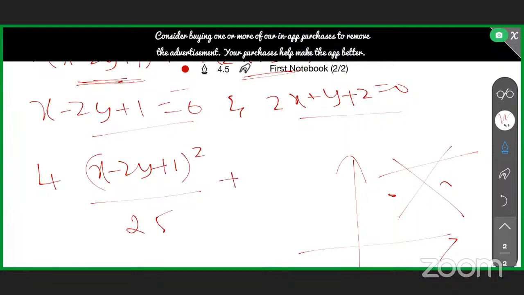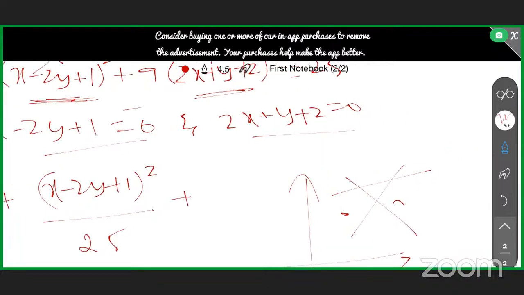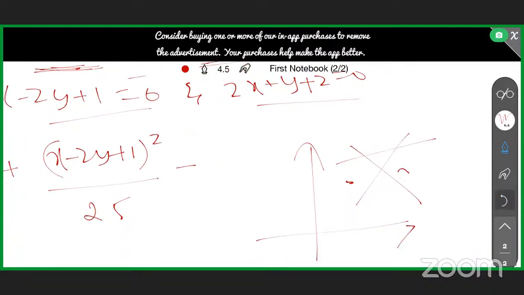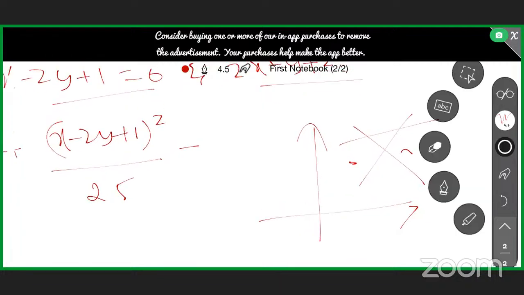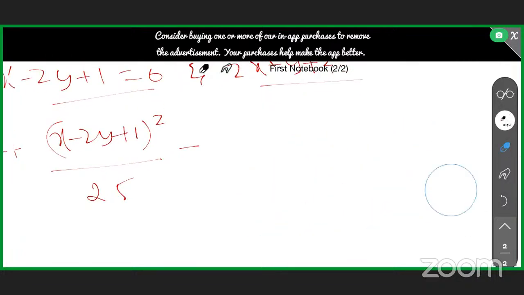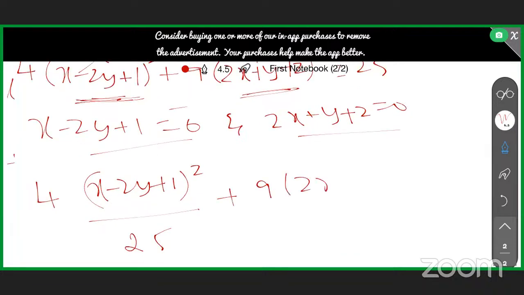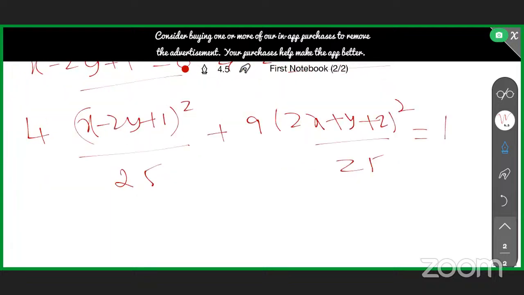Plus 9. Just a minute. (2x + y + 2) whole square by 25 is equal to 1.